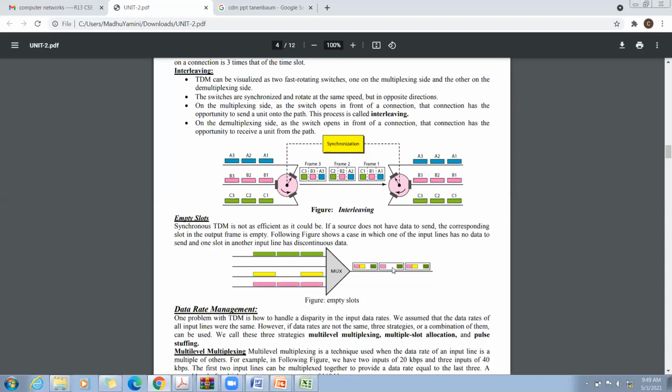For slot B and slot C, both are empty. We allocated the time for B and C, but these are empty. During this time interval, B and C become idle because there is nothing to send. Similarly, this one also. This is about empty slots.